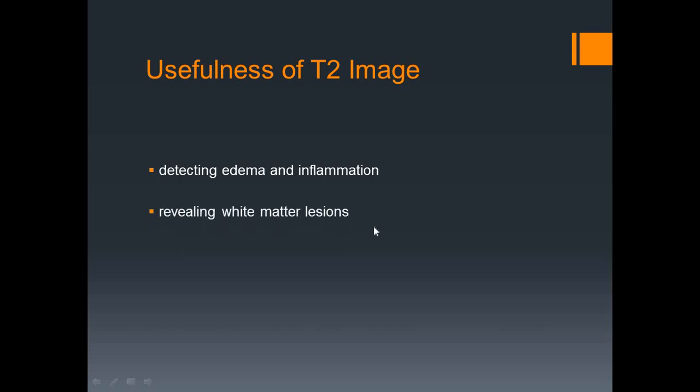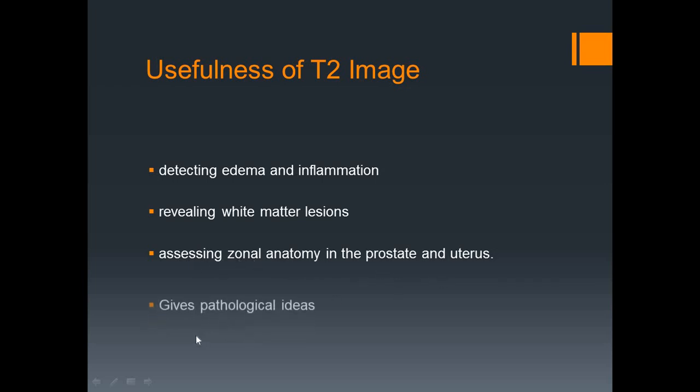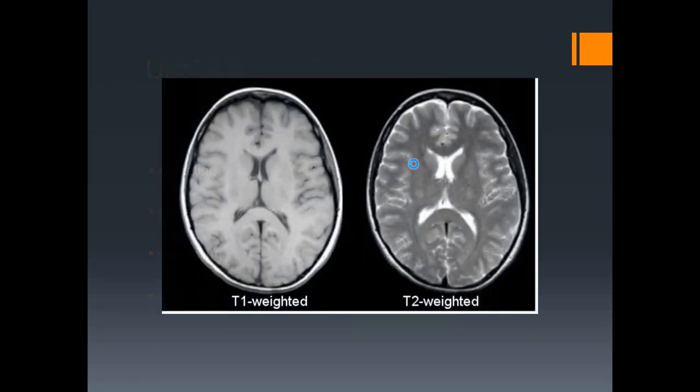It reveals white matter lesions. It helps in assessing the zonal anatomy in the prostate and uterus, and gives pathological ideas. Here are the T1 weighted and T2 weighted images side by side. That gives us the idea that they look quite opposite to one another.